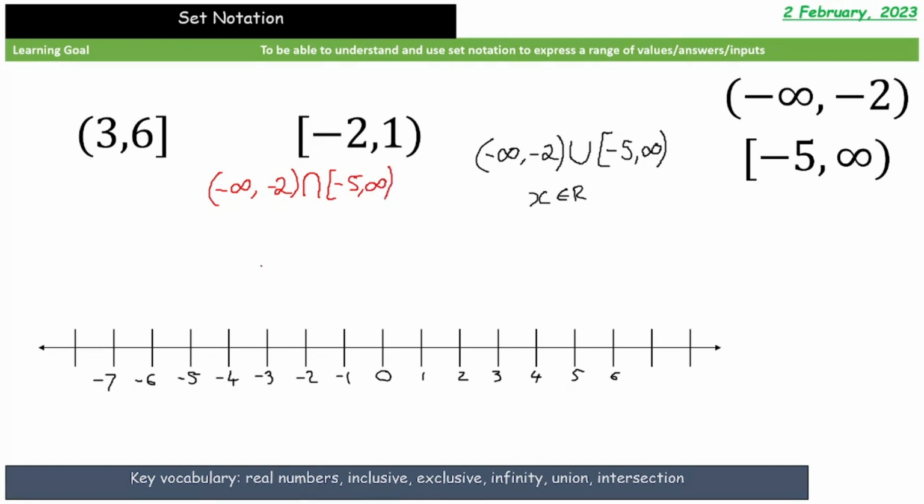Alright, that's a curved bracket, I'm sorry for my drawing. So again, we're going to do exactly like we did before. We've got from -2 to negative infinity, so it means it's going less than. And then we've got from -5 up to infinity. And remember, this is because it's got a square bracket, it's also filled in.